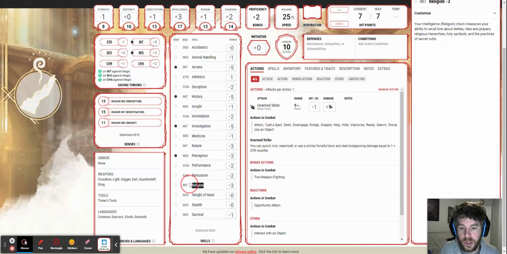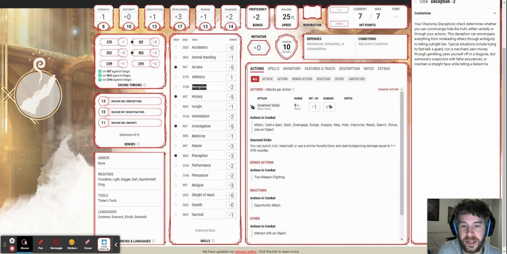Religion is another one. It's just going to be good to know the rituals, the customs, the deities, all those different things. So it just makes sense to have some of that. Like I said, a lot of times for most classes, intelligence is their dump stat, right? Nobody uses it unless you're playing a wizard or some variation of that. Some of the other ones, like I said, deception and persuasion, because we wanted our charisma to be a little higher.